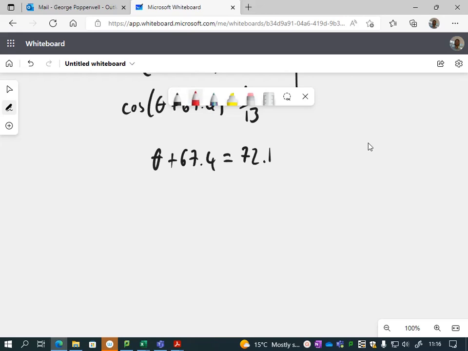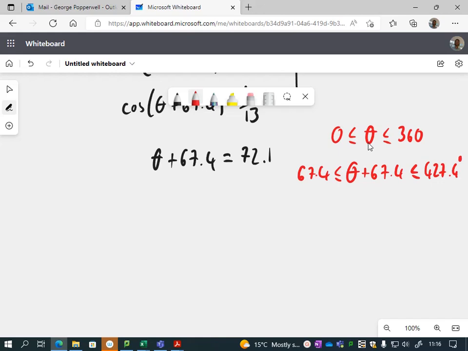I'm actually going to adjust my domain here, because for theta I want the answers, I believe, between 0 and 360. So my answers for theta plus 67.4 I want to be in the range 67.4 up to 360 plus 67.4, which is 427.4.